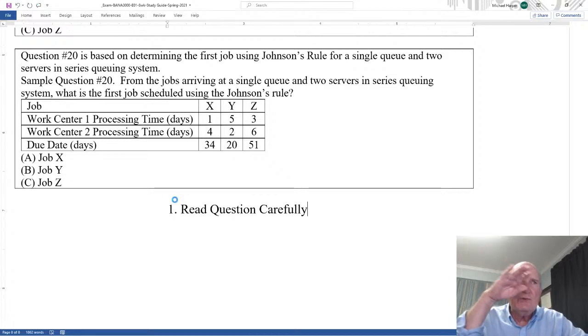Make sure you read the question carefully. A mistake people make is they read the first part, oh, I know what this is, and then they answer it, but that's not what the question is. So make sure you read the question carefully and know what that question is before you answer it.